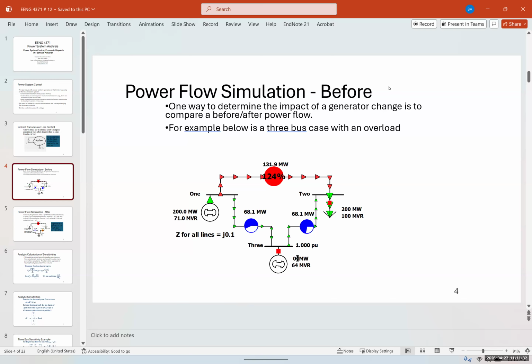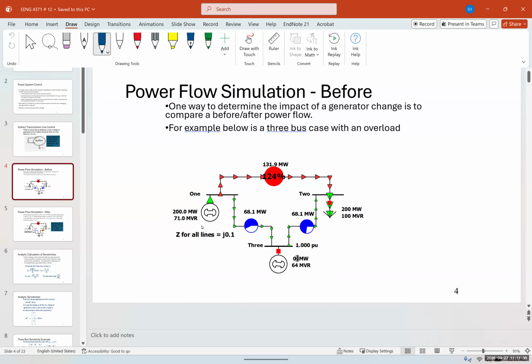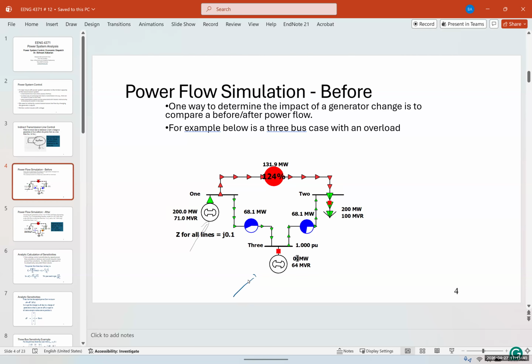Do you remember the sign for the generators? So this one and this one, yes? These two are our generators. And what about bus 2? That's the load. So the arrow is the load. So bus number 1, bus number 3 are generators, and bus number 2 is the load.